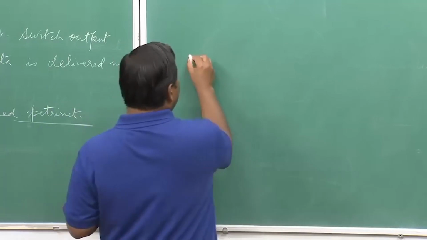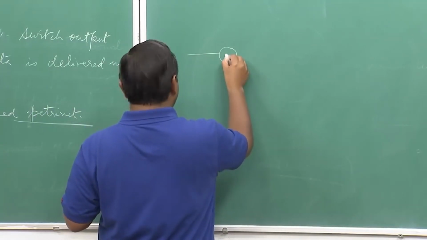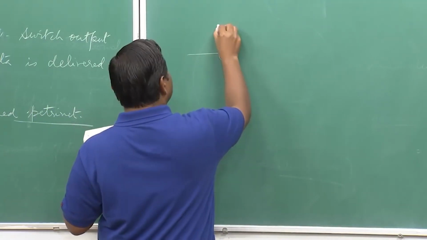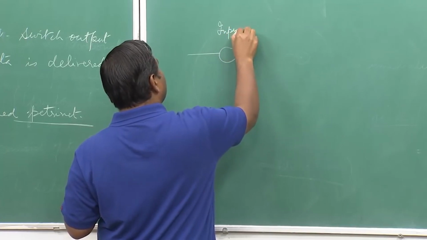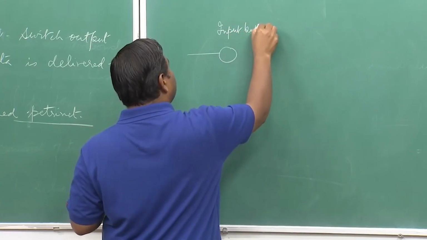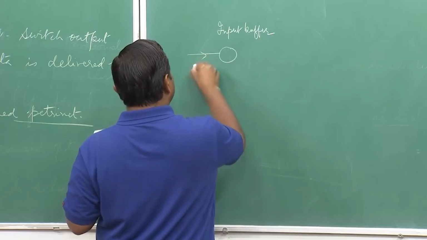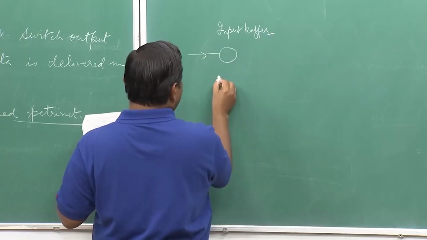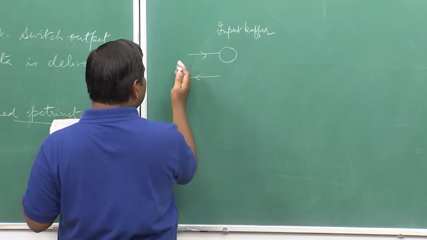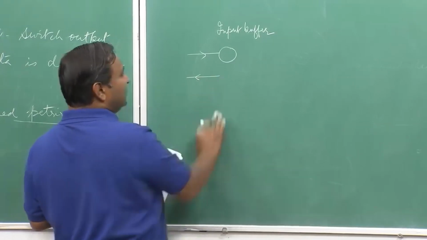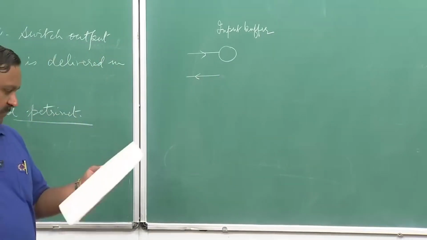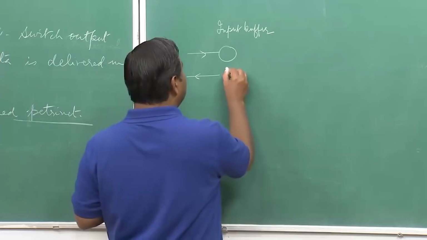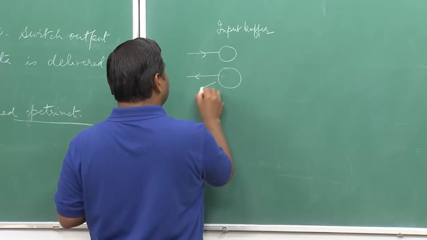So, we will have an input buffer, so a packet can be held there. This is from one side. Now, I am also going to inform the previous switch whether the buffer is empty or not empty, so we call it a buffer empty flag.